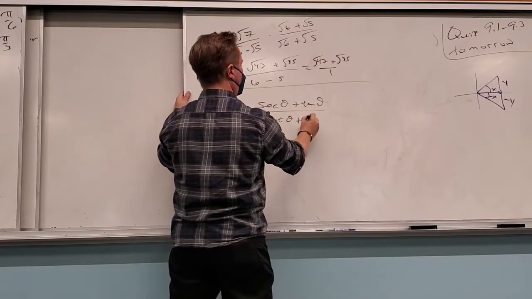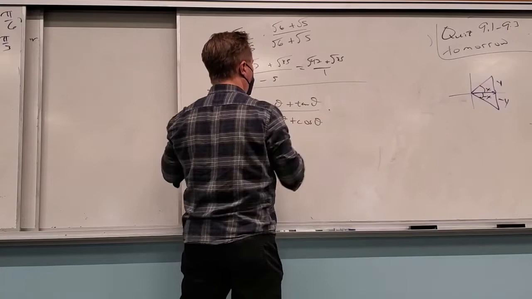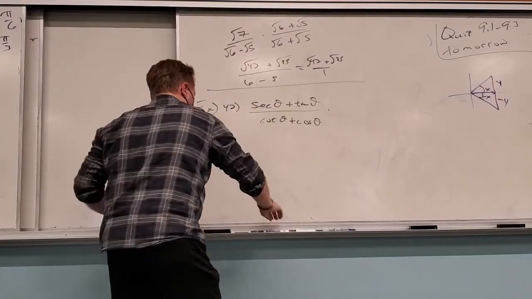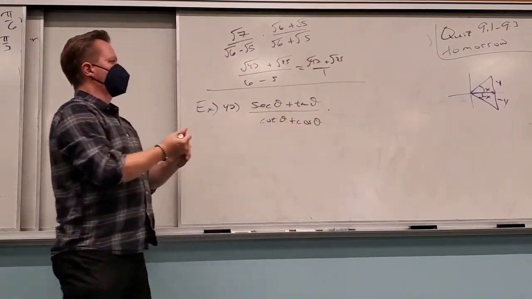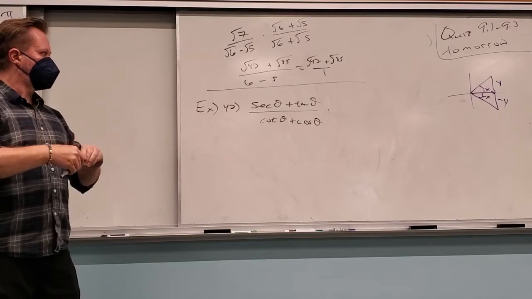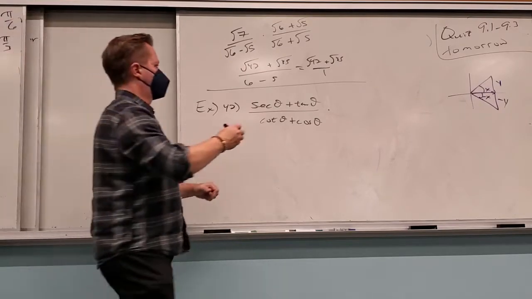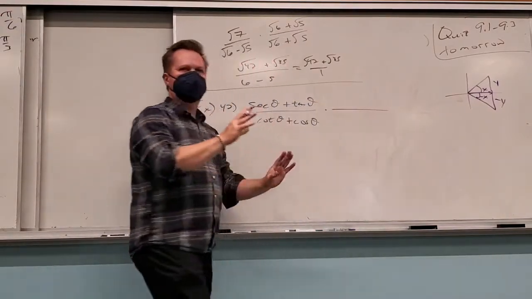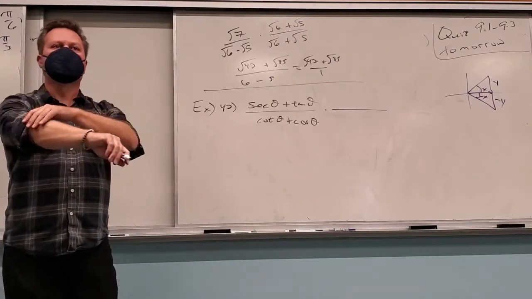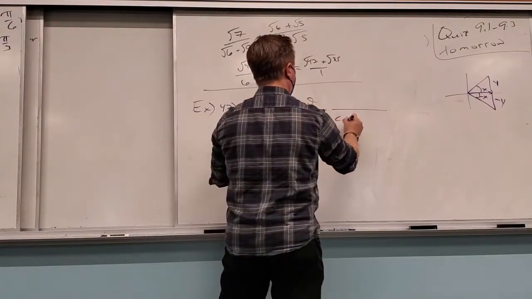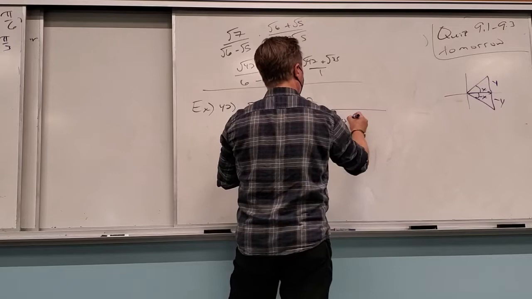So we're going to work with this side. We're going to multiply by the conjugate of the bottom. What's the conjugate of the bottom? Same idea, exactly the same idea. Cotangent minus cosine.